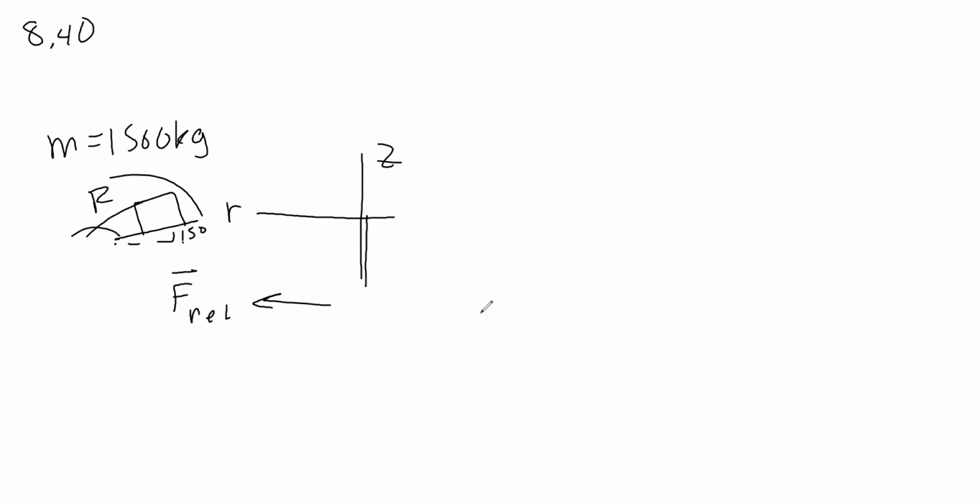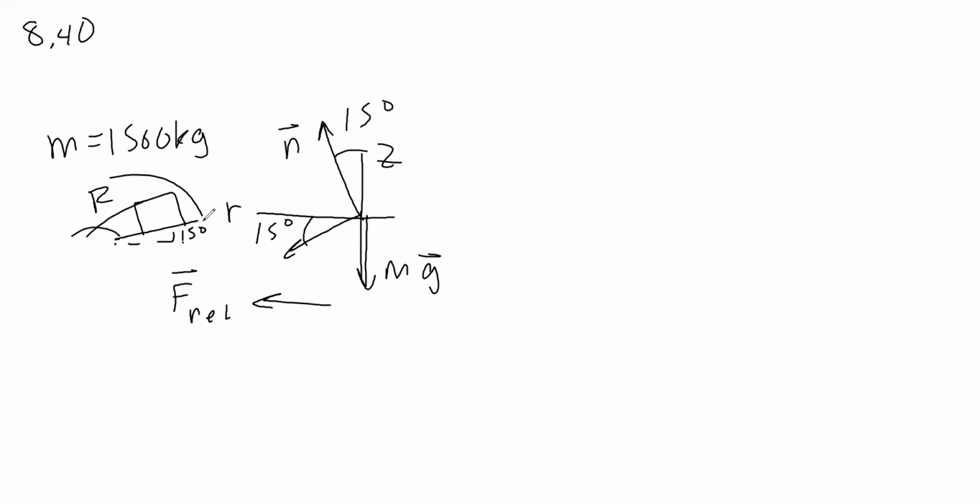And so what does the FBD look like? We have mg down, and we have the normal force up, and it makes a 15-degree angle with the z-axis. And here's what's tricky: there's a friction force down, and it makes a 15-degree angle with the r-axis.